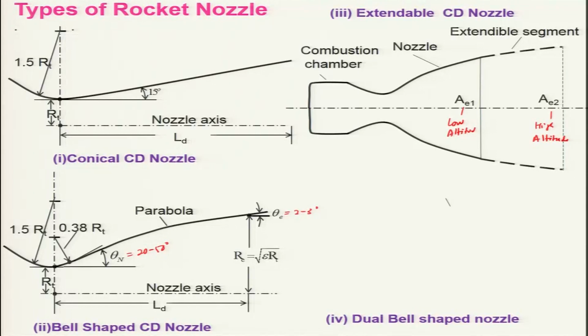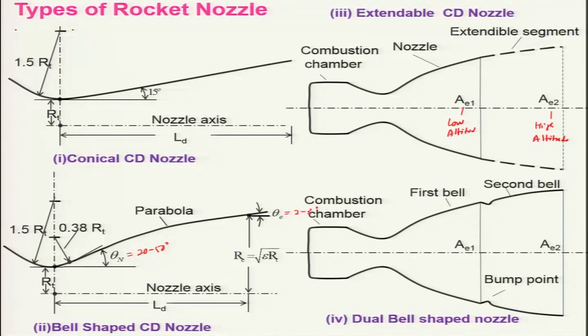In order to overcome that, people have gone for a nozzle having two bells. This is the first bell, and this is the second bell with a bump, such that when it is operated at low altitude, the flow will be separated. As a result, the flow will go that way at low altitudes.